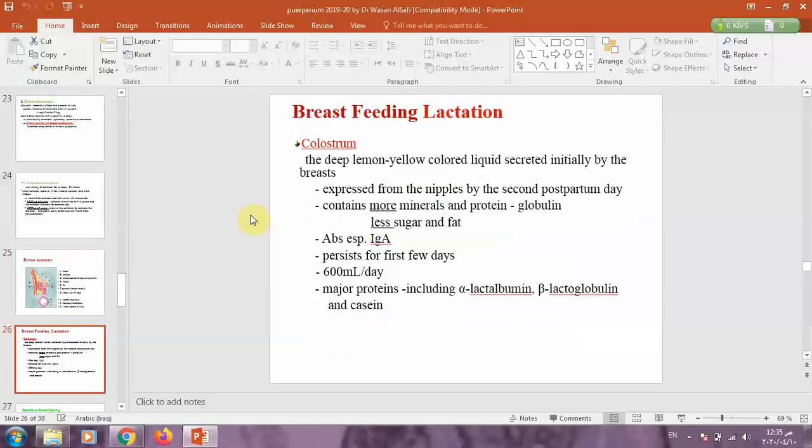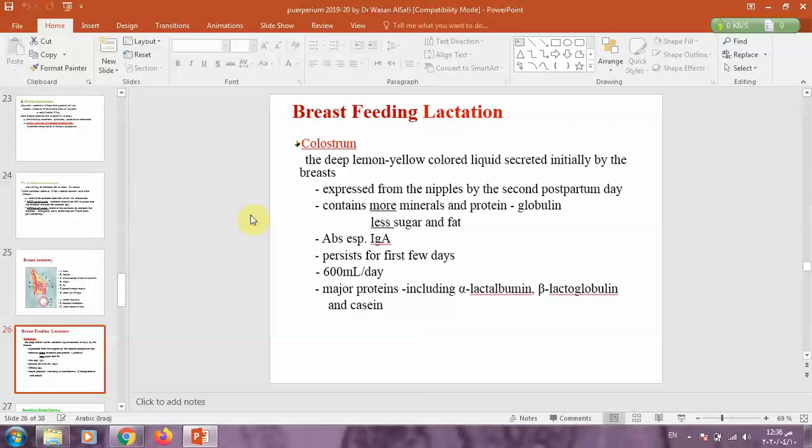It is a deep lemon yellow colored liquid secreted initially by the breasts. It's expressed from the nipple by the second postpartum day, and it contains more minerals, protein, globulin, with less sugar and fat. The antibodies, especially IgA, are also present.